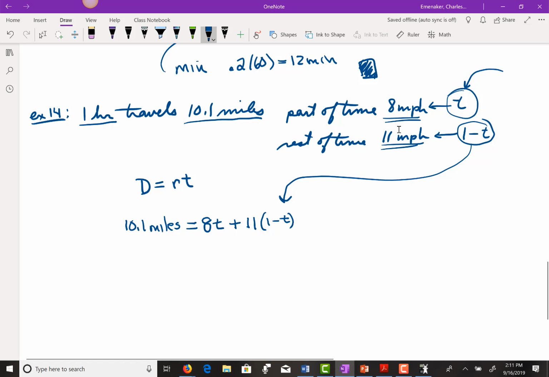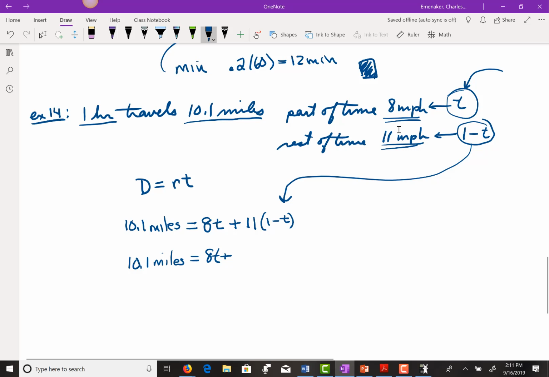Oh, wow. Is this starting to make some sense? This will give you the 10.1 miles equals 8t plus, hey, on this second part, what should we do with the 11 times 1 minus t? Distribute.